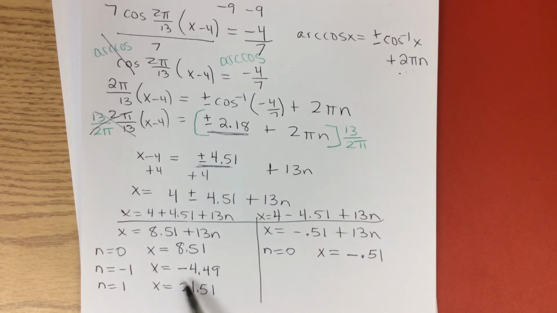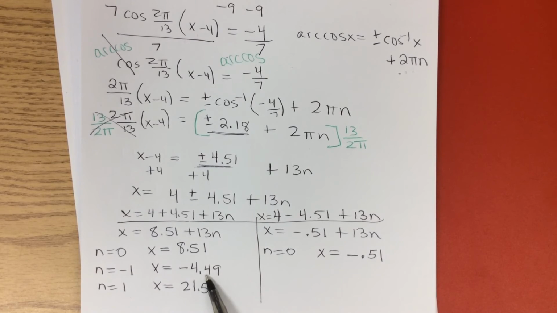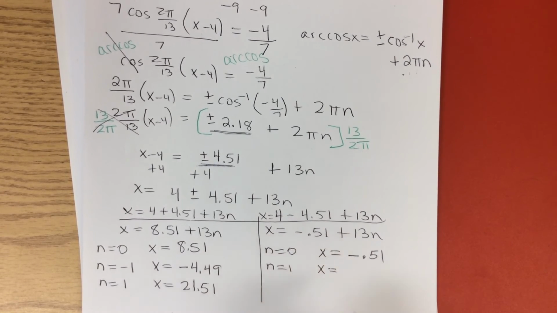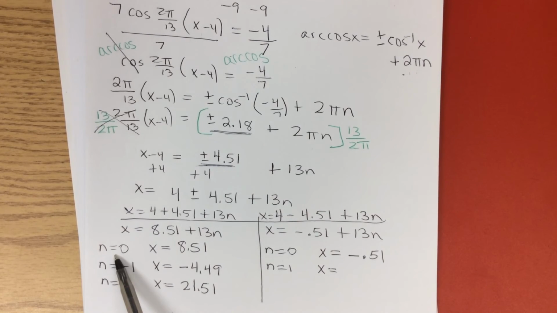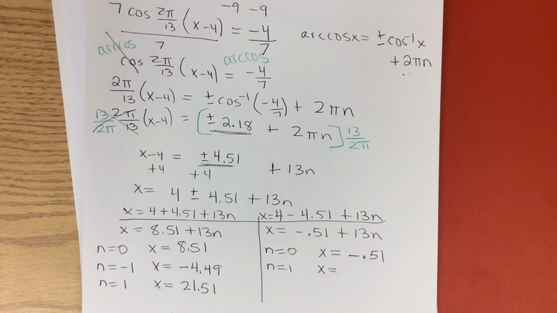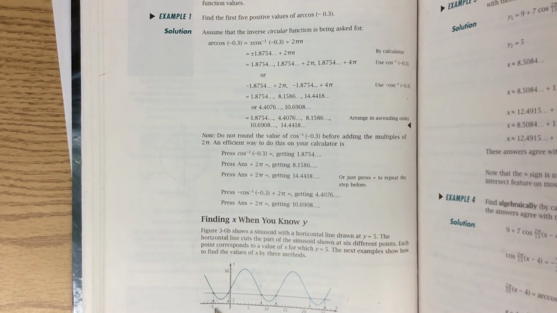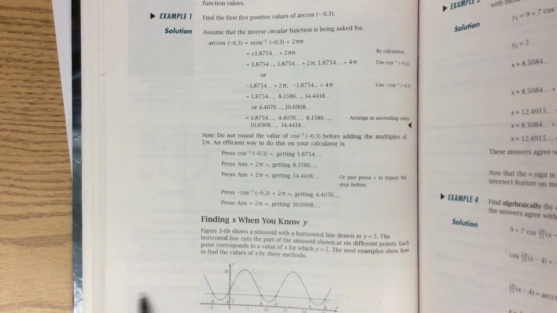No. Negative 4.5 was the only one we needed to find. Now we need to go up. Yes? Wait, I'm sorry. I don't know why it's just 0.51. Because n is 0. Oh. So it's negative 0.51 plus nothing. N is always 0 first. Yes? Why didn't we need to go down for the second part? Because we don't need a negative 13. By looking at this graph, negative 13 wasn't in it.